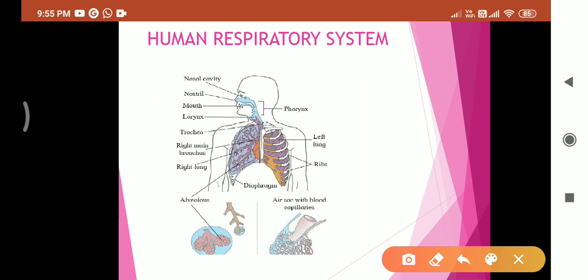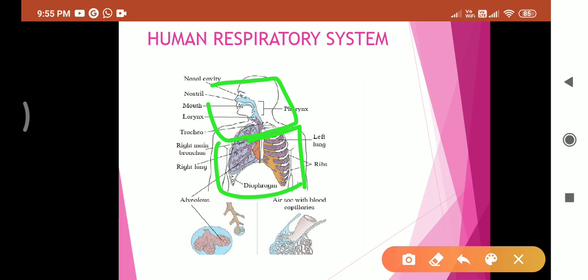The respiratory system is divided into two parts, the upper respiratory system and the lower respiratory system. What is the upper respiratory system? From here, this is the upper respiratory system, and from here, this is the lower respiratory system. Which organs are considered upper and lower?